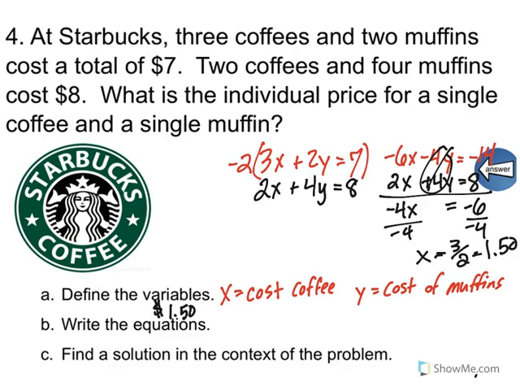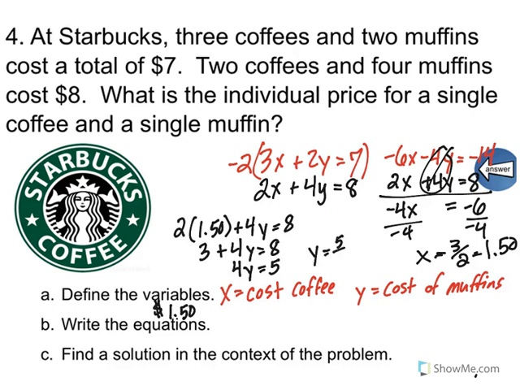So if I plugged it into this one, this would be 2 times 1.50 plus 4y equals 8. 2 times 1.50, that's $3, plus 4y equals 8. 4y equals 5 if I subtract 3 on both sides. y would be equal to 5/4, or 1 1/4, or 1.25.